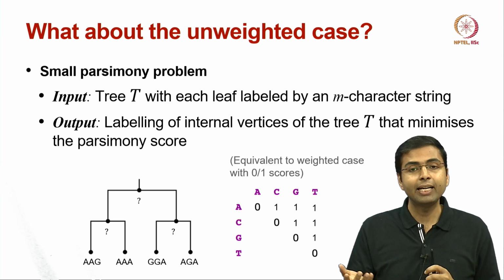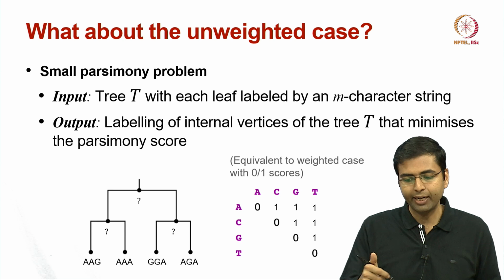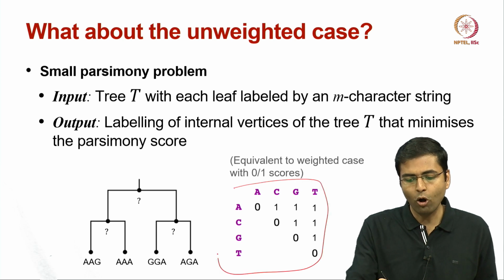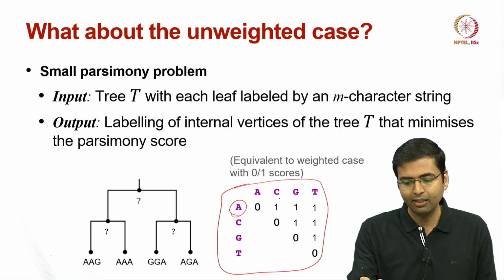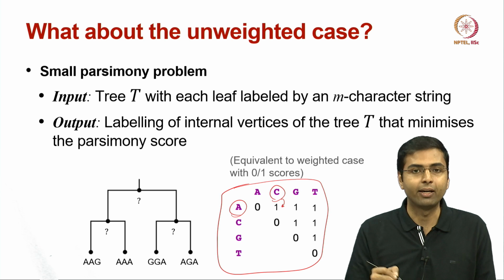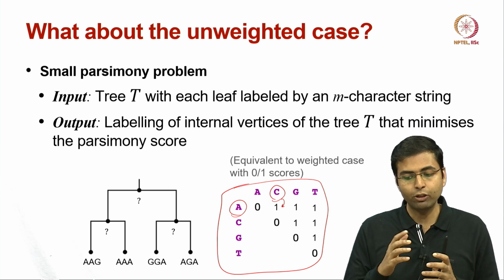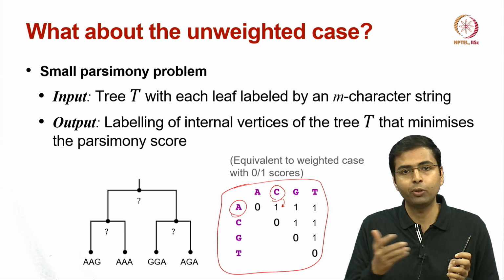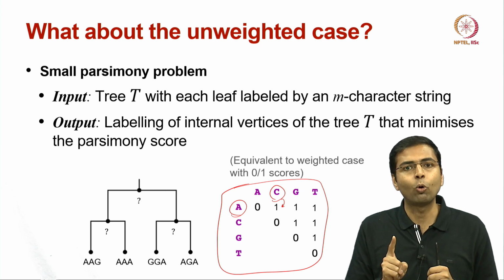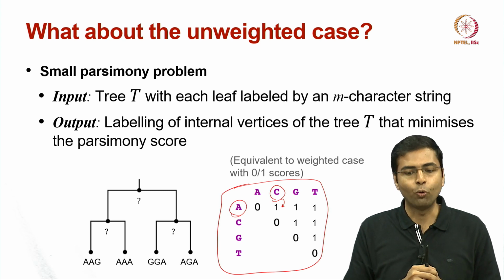Equivalently, you can assume this as a scoring matrix where all the character state changes contribute a score of 1 to the parsimony score. So if you have a change of A to C or A to G or A to T, any change will contribute a score of 1 to the parsimony score.